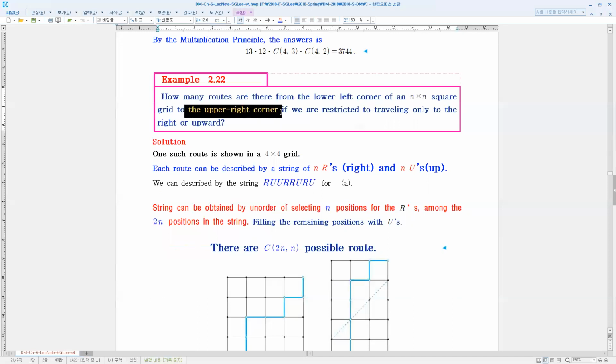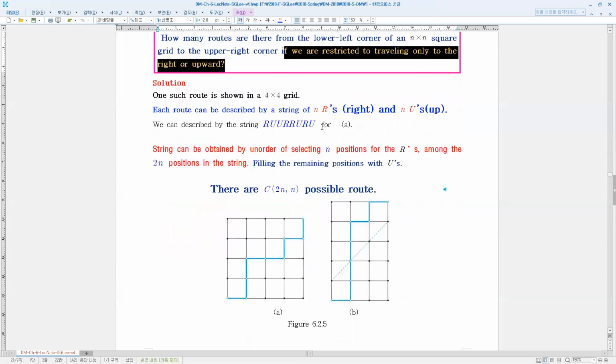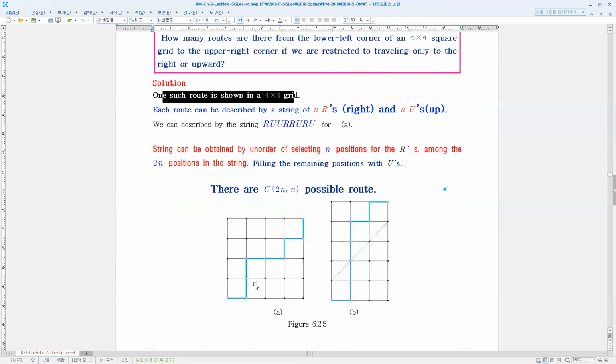Okay, next, how many routes are there from the lower left corner of an n by n square grid to the upper right corner if we are restricted to traveling only to the right or upward? For example, one such route is shown in a 4x4 grid like this. Here we go right, up, up, right, right, up.